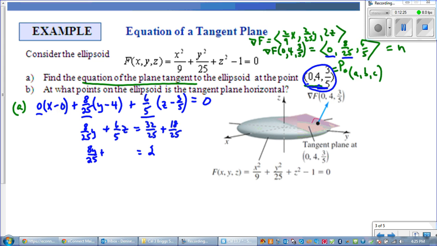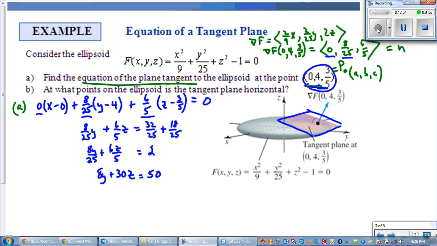And if you wanted to get rid of the fractions, you could multiply everything through by 25. You would have 8y plus 30z equal to 50. Now notice there's no x value in that definition of the plane. That means that the plane is parallel to the x-axis. So this is the equation of that tangent plane at the point (0, 4, 3/5).